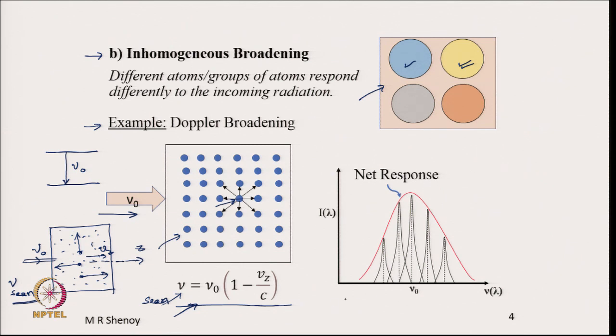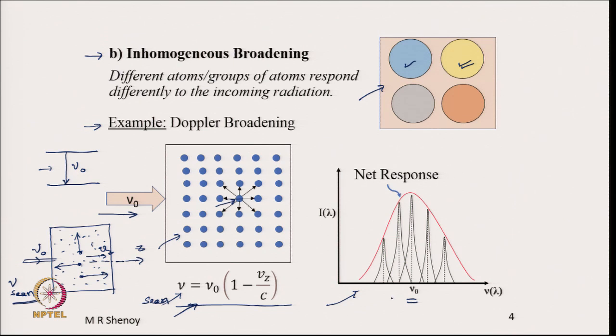So, let us come to the graph here. Nu 0 is the actual atomic resonance frequency, and nu 0 is also the incident frequency. Those atoms which are travelling in a perpendicular direction will not see the Doppler effect, because Vz is 0, and therefore they will interact strongly with the incident radiation, because the incident frequency matches the atomic resonance.